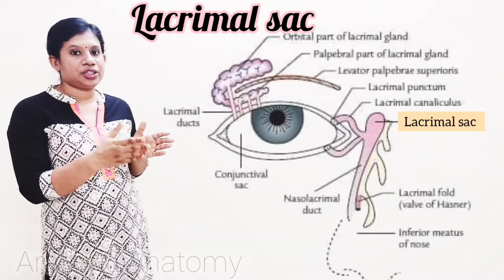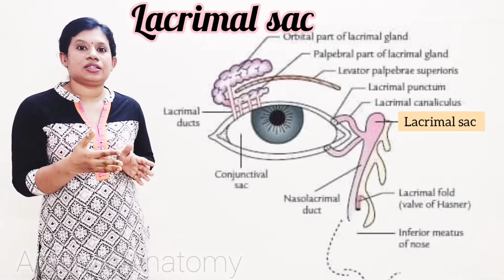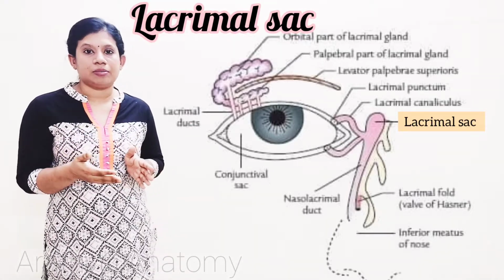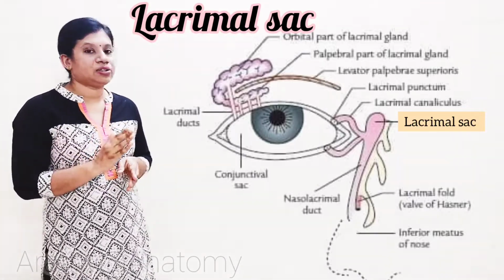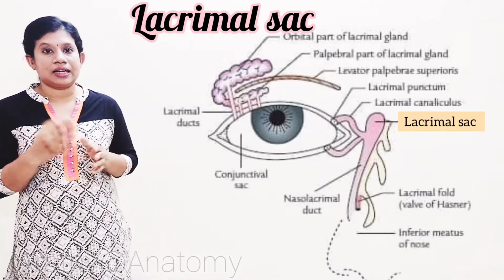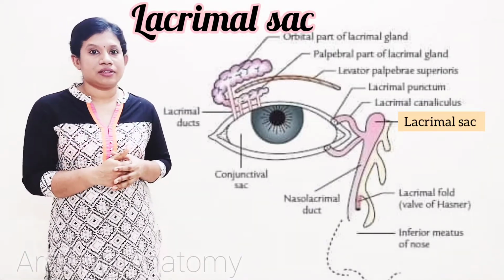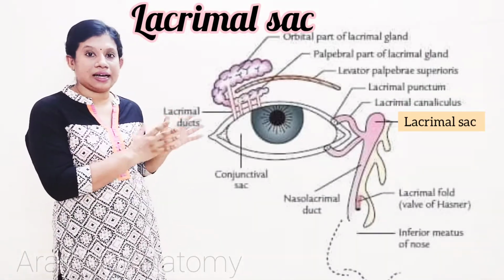Regarding its relations, anteriorly it is related to the medial palpebral ligament as well as the fibers of orbicularis oculi. Medially it is related to the lacrimal groove. Laterally it is related to the lacrimal fascia as well as the lacrimal part of the orbicularis oculi. So that is about the relations of the lacrimal sac.